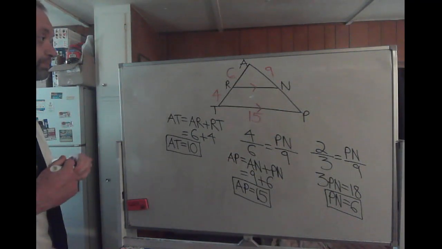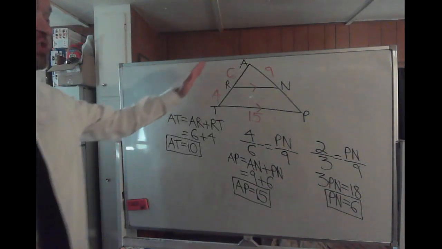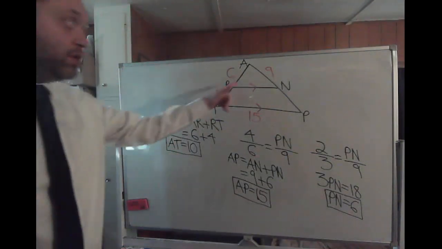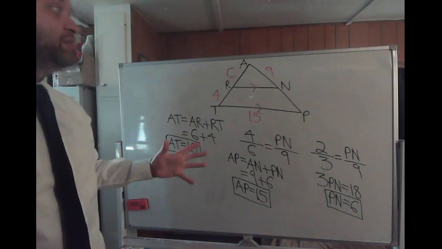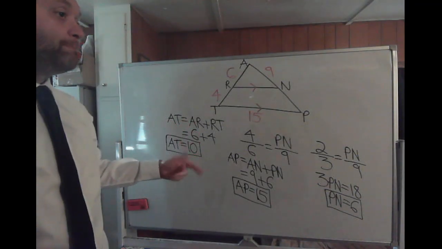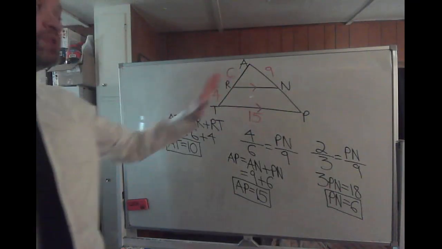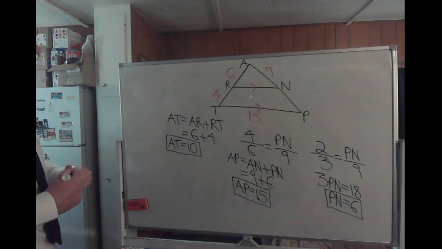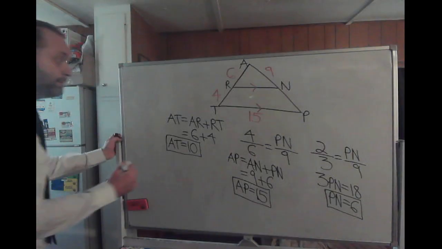Well, we've done the Triangle Proportionality Theorem so far, but for RN that's going to change. It's going to be like the exercises we did before today's lesson, where RN is the base of the smaller triangle to the whole triangle that it's inside of. So your scale factor is going to be 2 to 3, right?